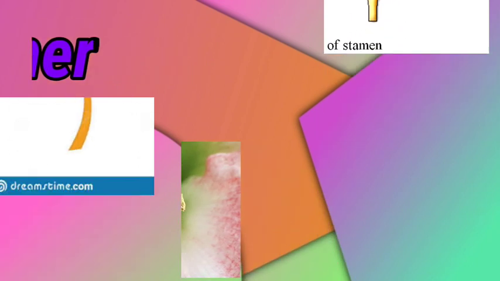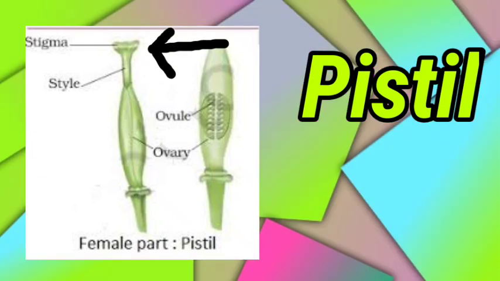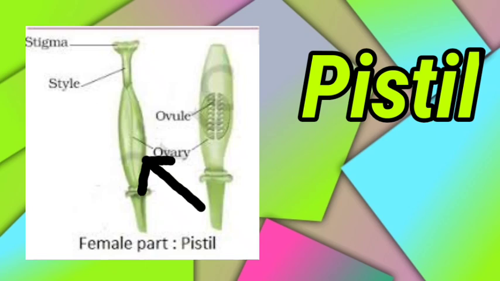Now the last part is the pistil. The pistil is the female part of the flower, and it is divided into the stigma, style and ovary. The stigma is the topmost part of the pistil, the middle part is called the style and the bottom part is called the ovary.